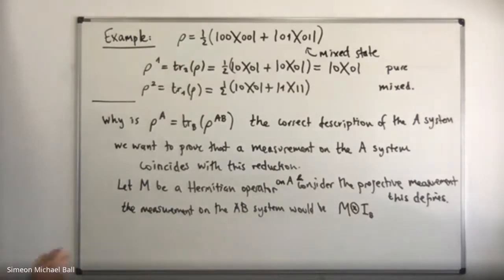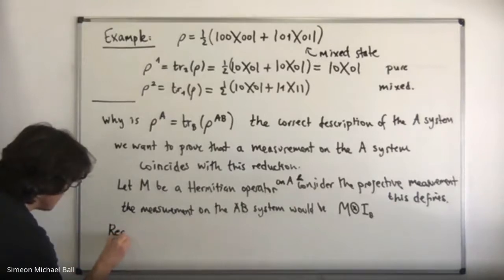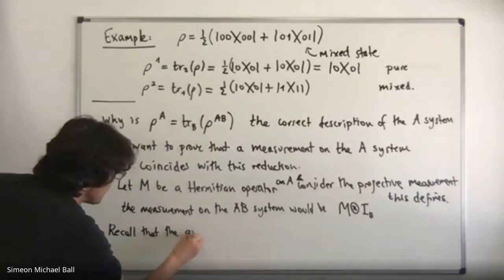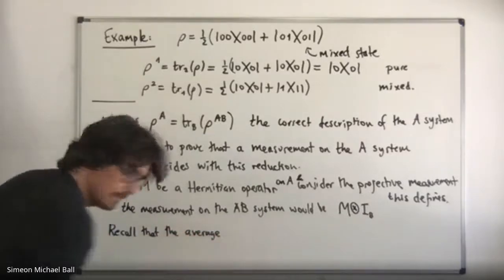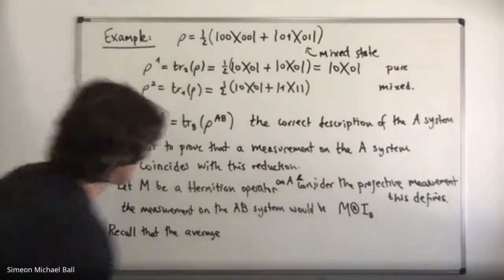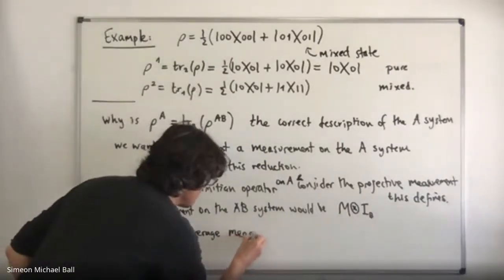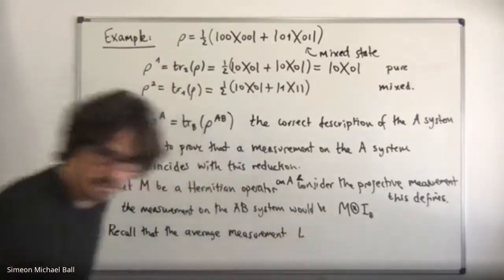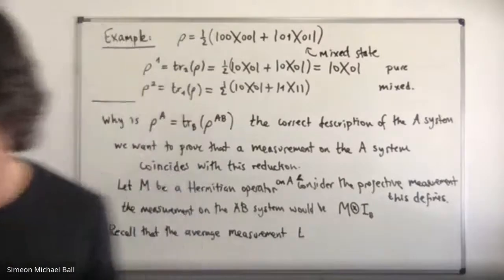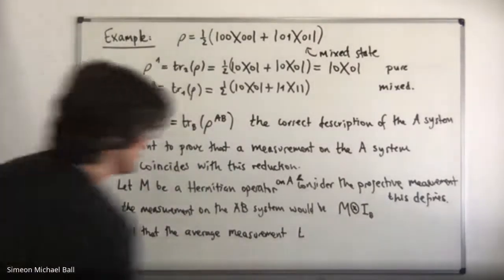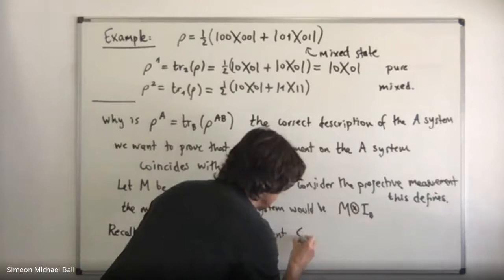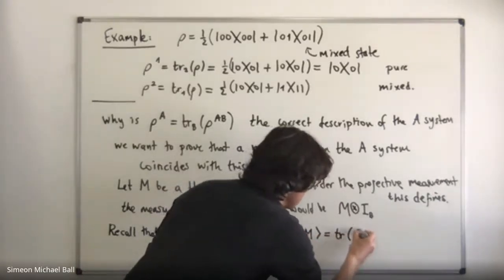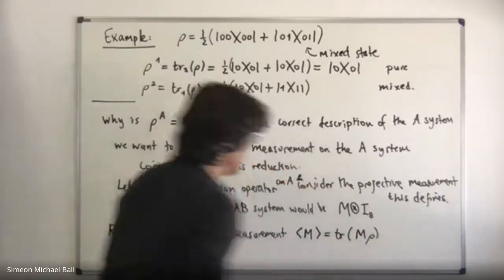So recall that the average measurement was equal to the trace of M rho.